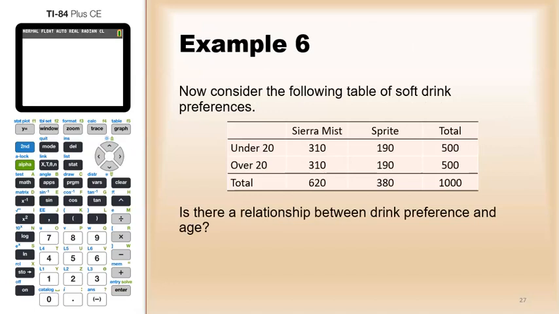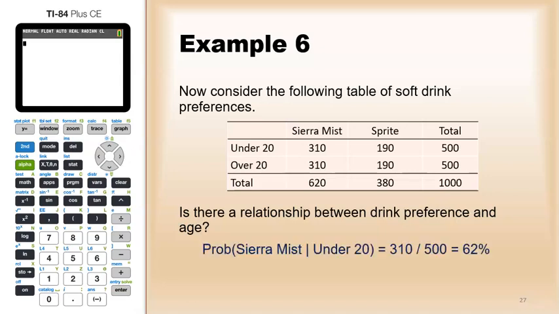For another example, consider this following table of soft drink preferences. On the one hand, we're looking at people who are under 20 versus over 20. On the other hand, we're dealing with Sierra Mist or Sprite. So what we want to know is, is there a drink preference based on age?